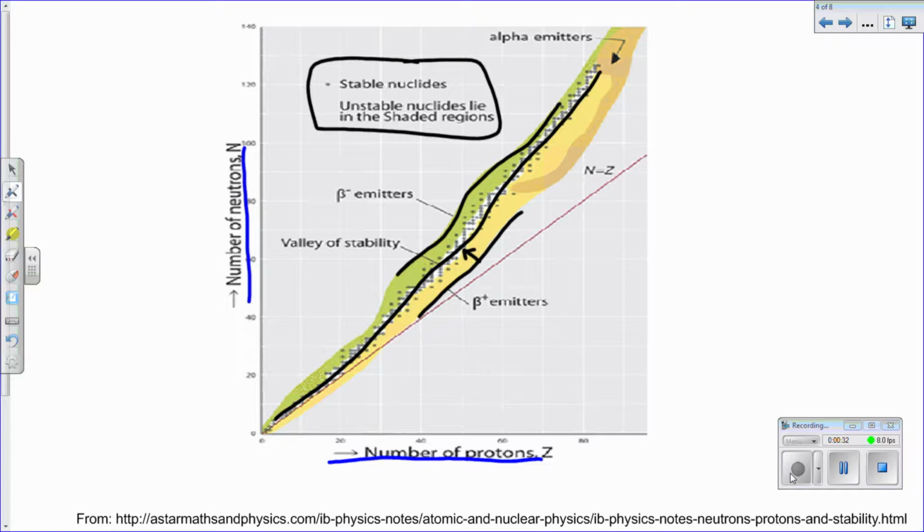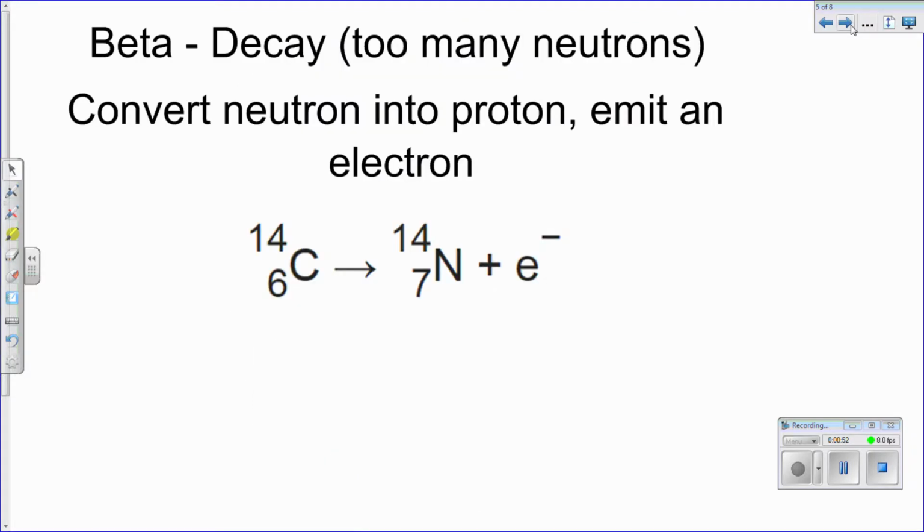They are unstable nuclei that need to find a way to get back to the zone of stability. The orange area above shows nuclei that don't particularly have an issue with the ratio of protons to neutrons necessarily, but they are rather large nuclei that are unstable just by having too many protons and neutrons jammed together in the nucleus without any negative charges to hold them together.